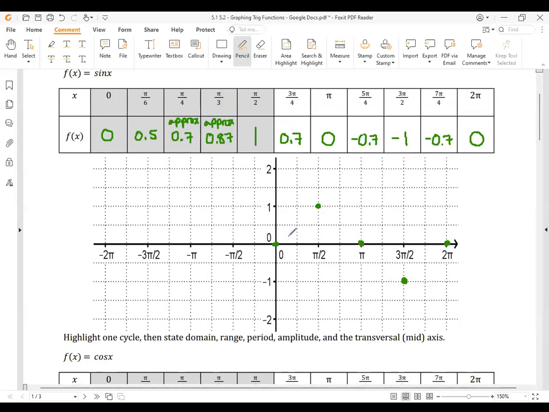I have 0.5, 0.7, 0.866, 0.87. And then it goes down to here. Oops, it goes down to here.